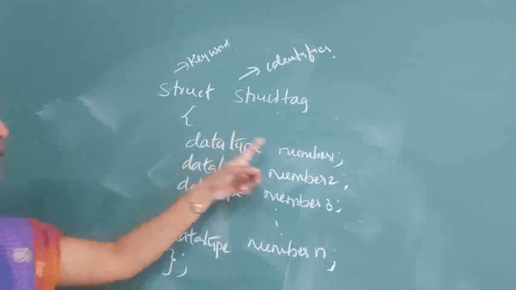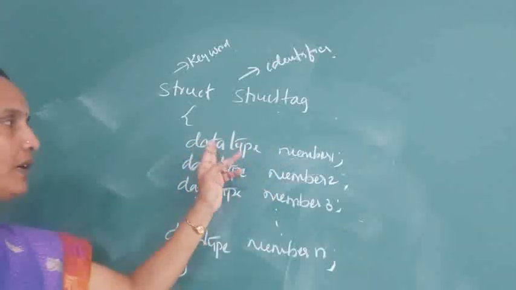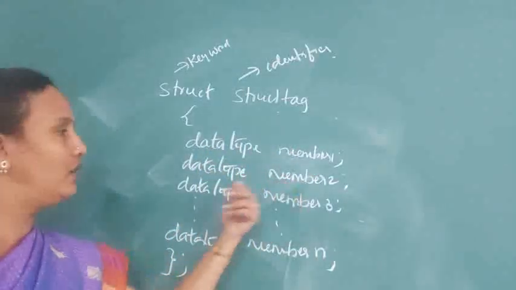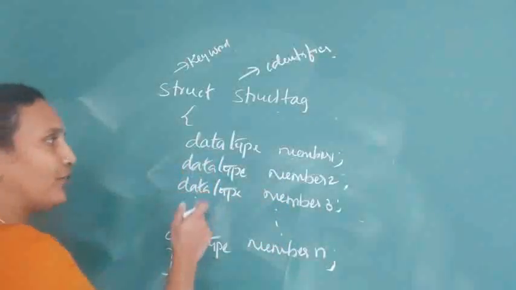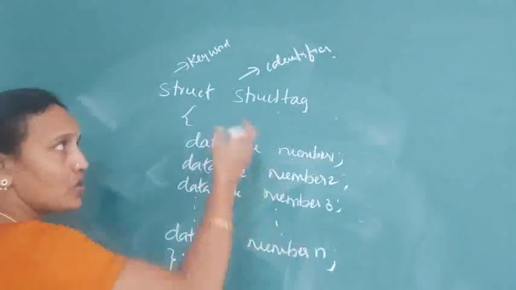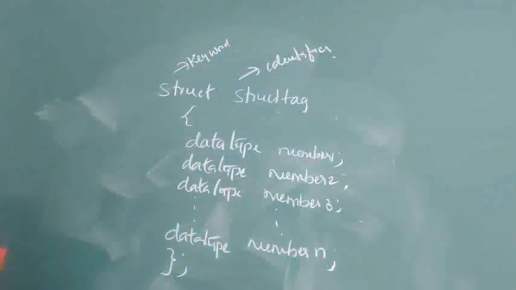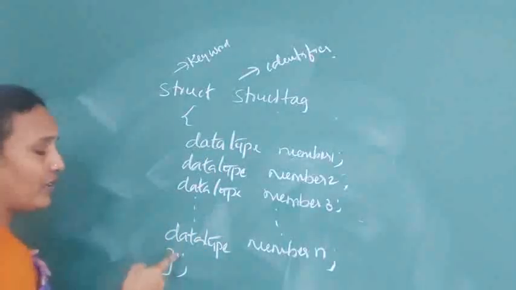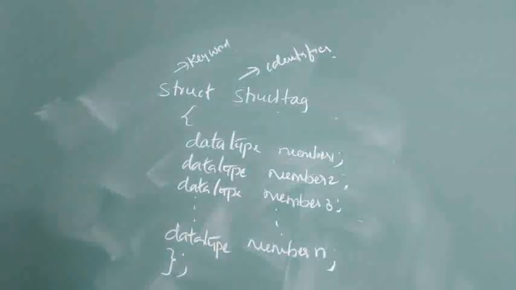Data type, member 1, member 2, member 3: for example, data type int, marks; character, name; float, fees. So these are different data types, different members. In one structure you can create n number of members. You can store n number of members inside one structure. The structure declaration should end with a semicolon.